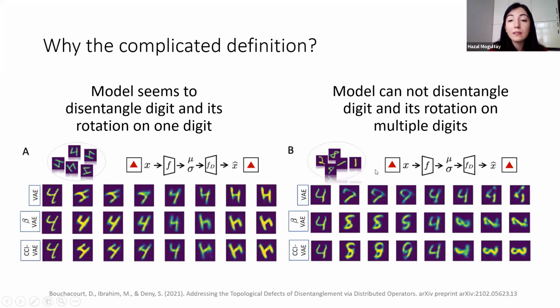However, if we train it on a multi-digit data set, we can see that it cannot disentangle the digit and its rotation. For example, the 4 here became something like 3 or 8 here and the 2 here. This means the rotation and identity are not disentangled. So this is something that you should be very careful about when you are using disentanglement in your studies.